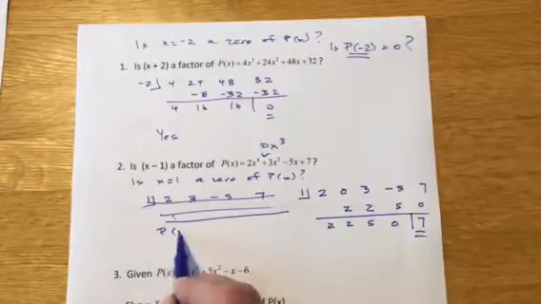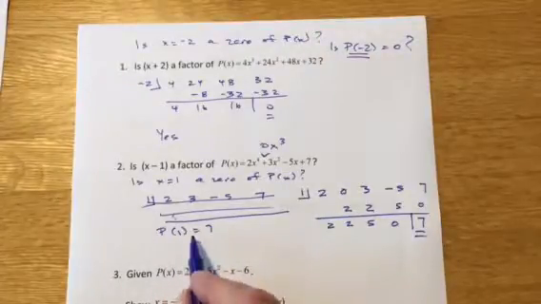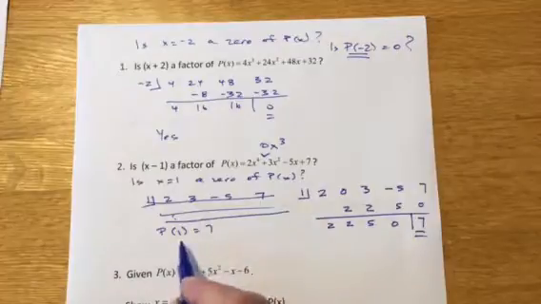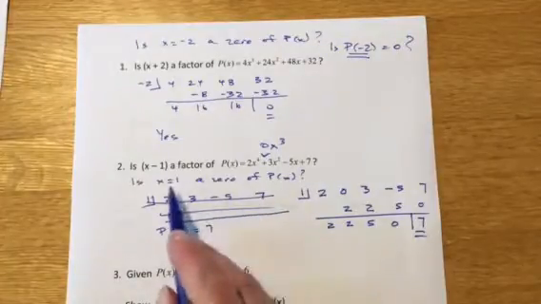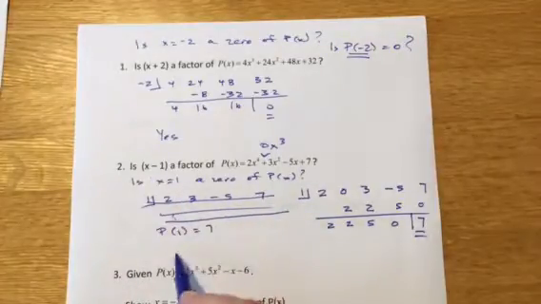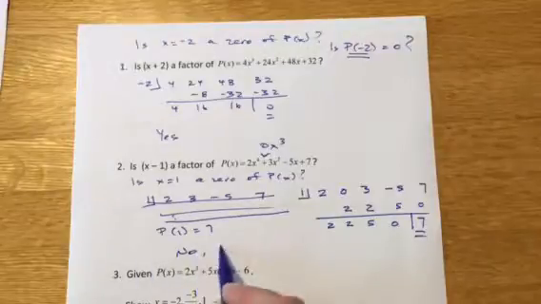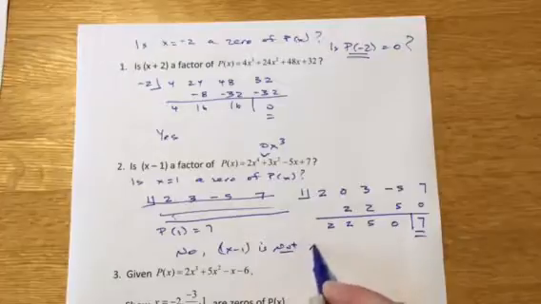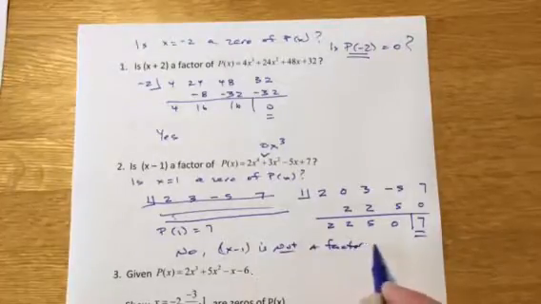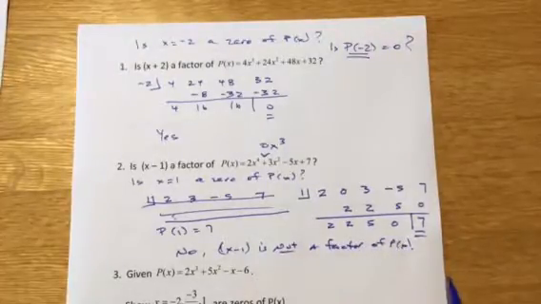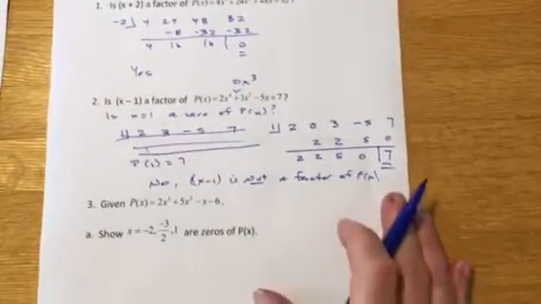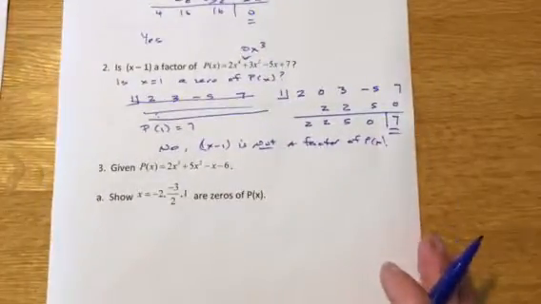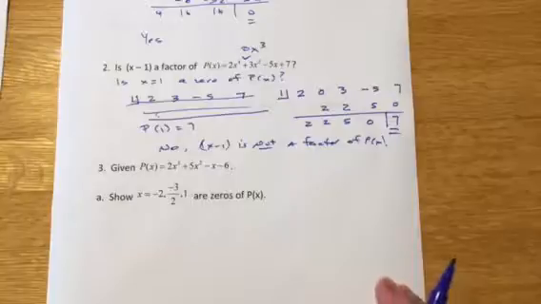It means p of 1 equals 7, which means p of 1 is not 0, so x equal to 1 is not a 0, x minus 1 is not a factor of p of x.